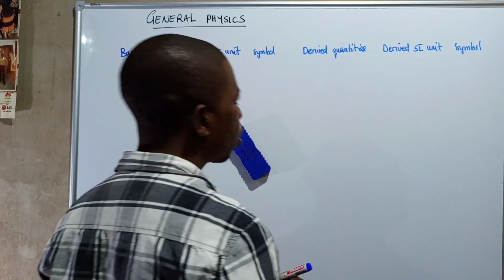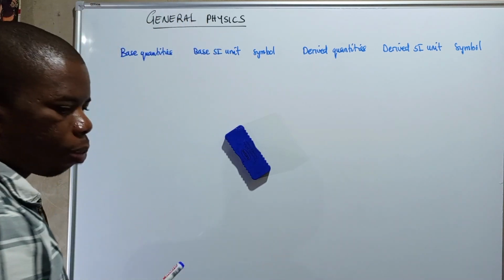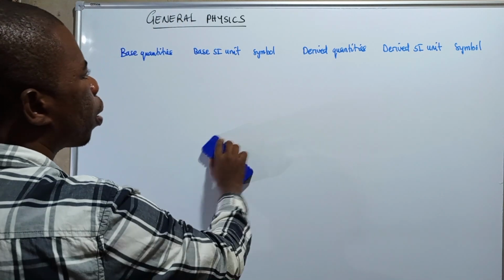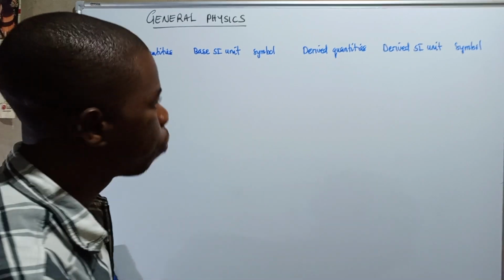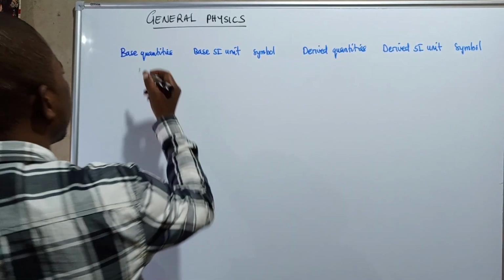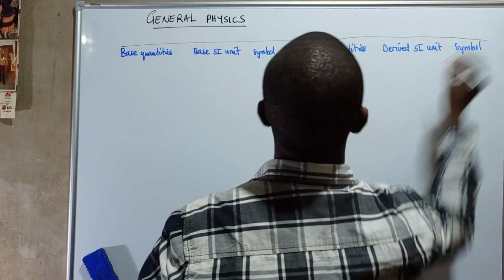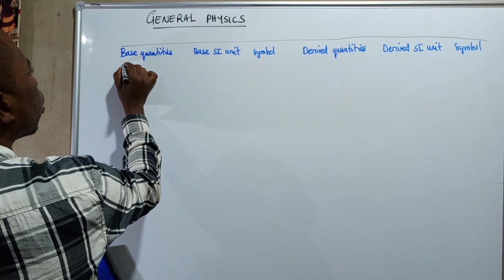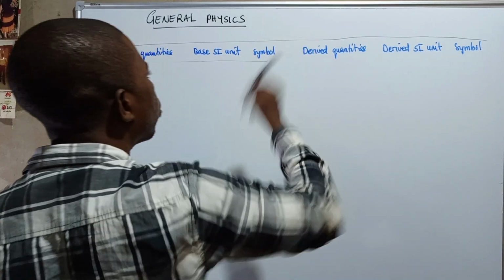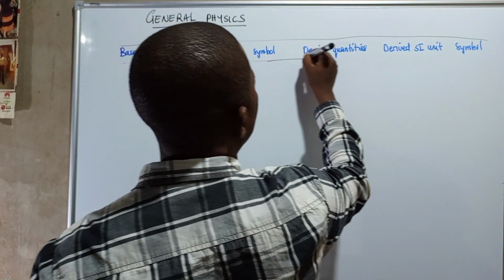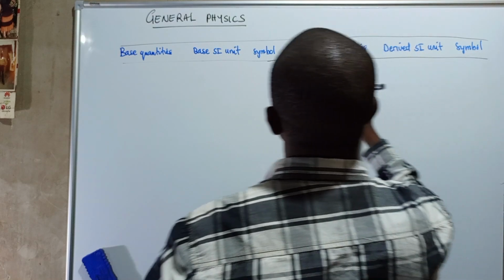Now this one is supposed to be in form of a table. Let's see if my marker will be able to give me a table. So let's see. This marker is actually done, I'm sure.